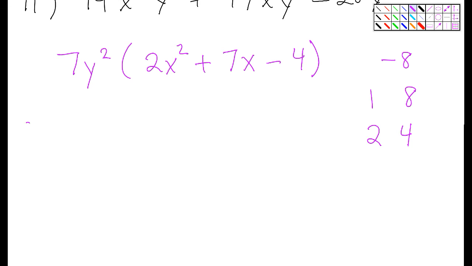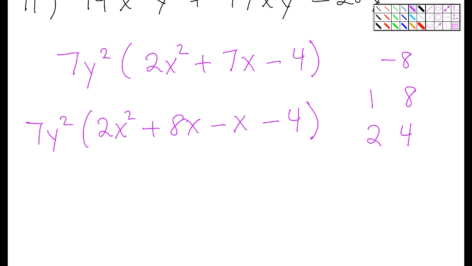Now in the British method, we're basically going to rewrite that middle term using those two numbers I just mentioned. Notice that 8x minus x equals 7x. And then I look at these and I think, let's take the first pair and the second pair and factor out what's in common, which in this case is 2x(x + 4) minus 1(x + 4).